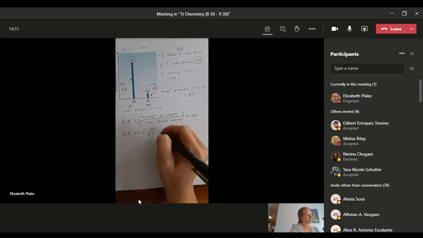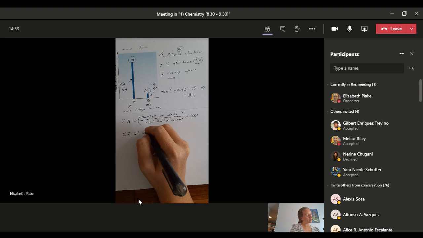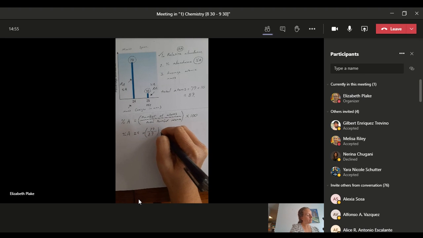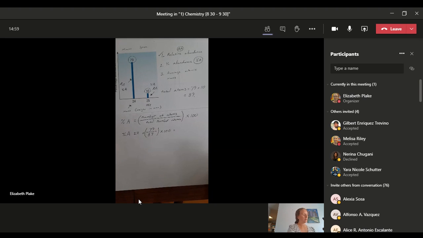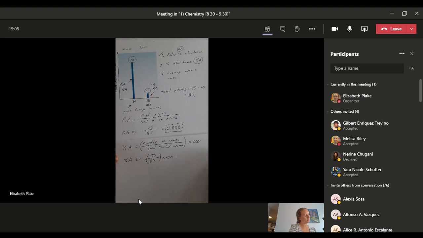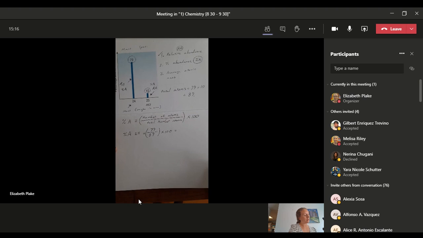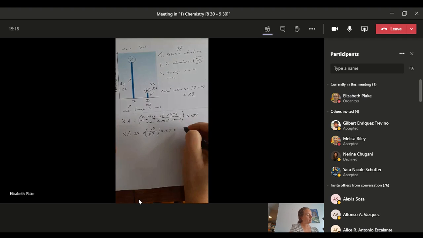That number goes in parentheses, and I'm going to multiply by 100. We already did this math, 79 divided by 89. If you look back at the previous practice problem, 79 divided by 89 is 0.888. If I multiply 0.888 by 100, I'm going to get 88.8%.